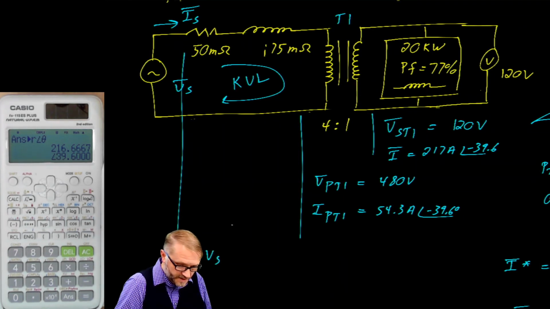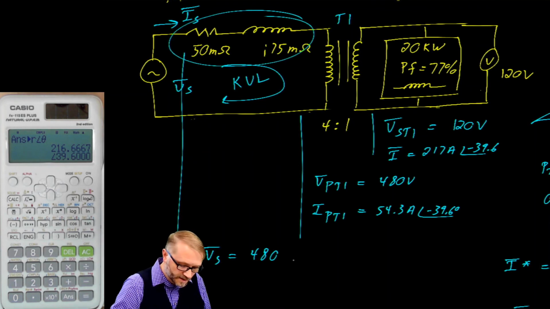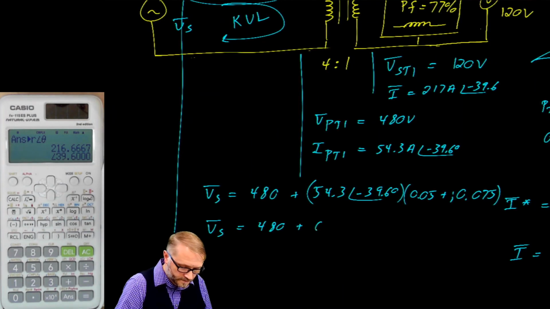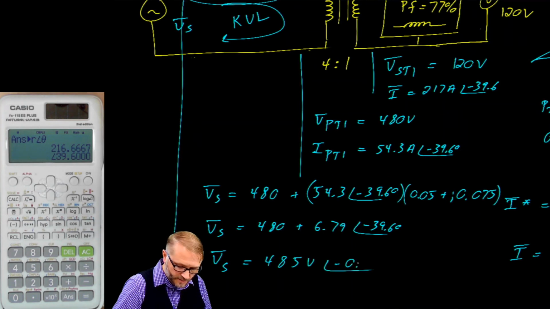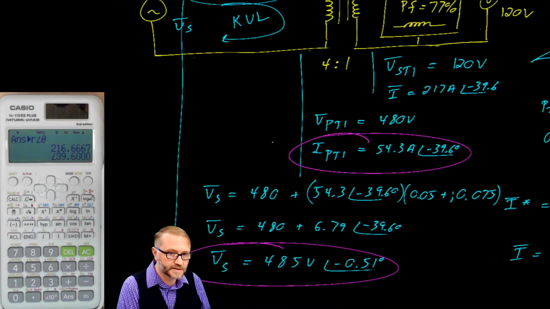The source voltage is equal to 480, that's here, plus the voltage here, which can be described as a current times the impedance. So here's the current, and here's the impedance. Which finally gives us a source of 485 volts at a phase angle of negative 0.51 degrees. There's the voltage, and there is the current.